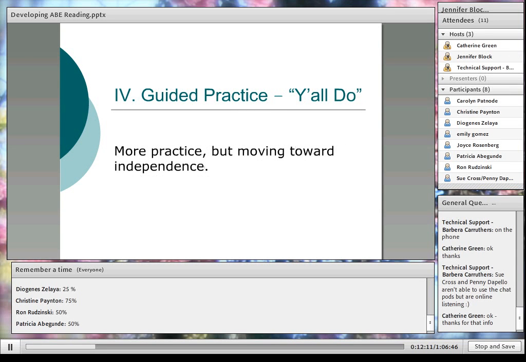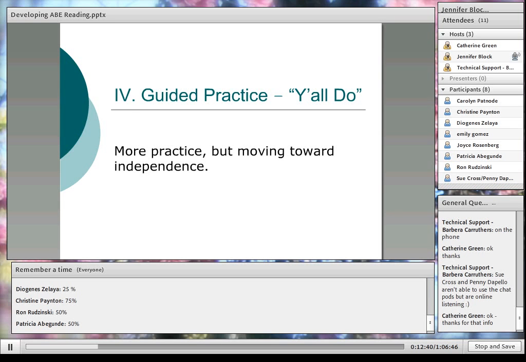Step 4, our next step, is still guided practice. Teacher is still modeling, still giving practice to the students, still responding, but the teacher is withdrawing a little bit. Students are working a little more independently. Maybe there's peer editing going on, but the teacher is withdrawing.